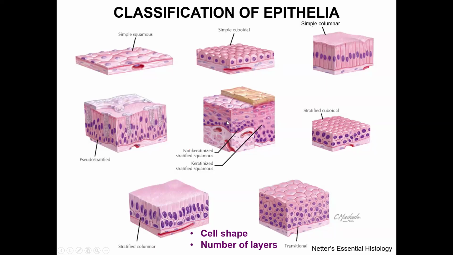In one type, the cells are viable till the top, and their nuclei and the entire cell structure can be easily distinguished. It's the case of the non-keratinized stratified squamous epithelium. However, the epidermis is a type of stratified squamous epithelium that is keratinized.